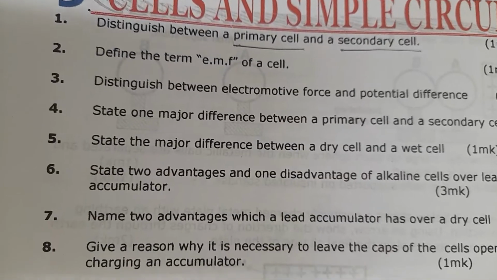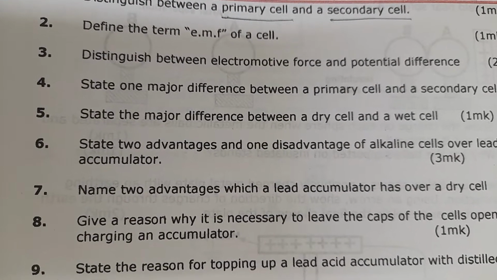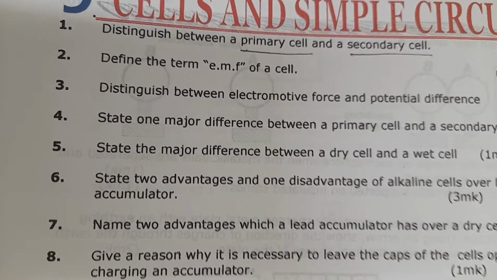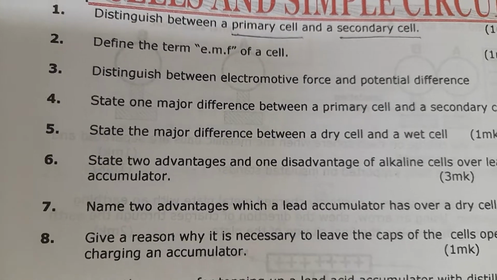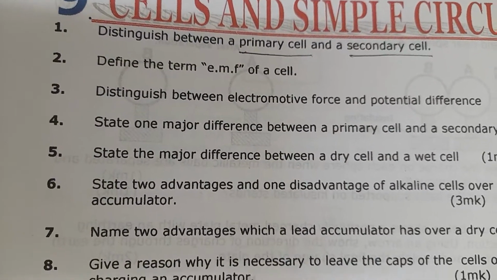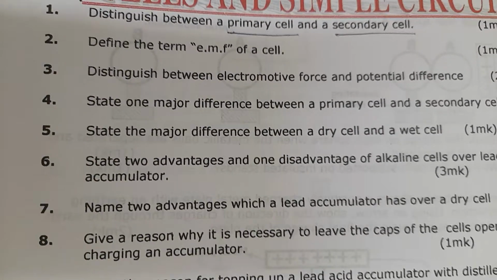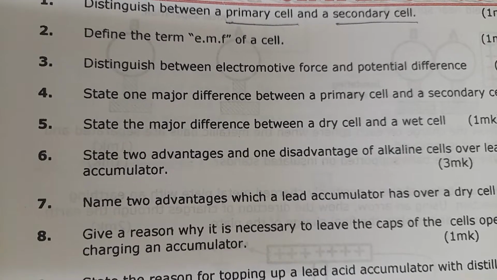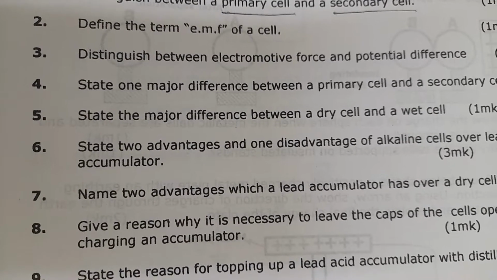First of all, let me start by giving you examples of primary cells. They include the chemical cells: the simple cell, Leclanché cell, and the dry cell. On the other side, the secondary cell includes the lead-acid accumulator and alkaline accumulators. The main difference is that one of them cannot be recharged while the other one can be recharged.